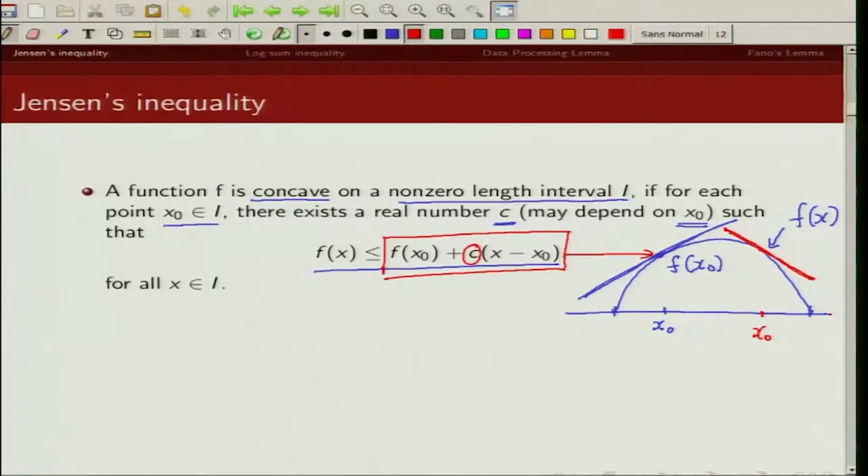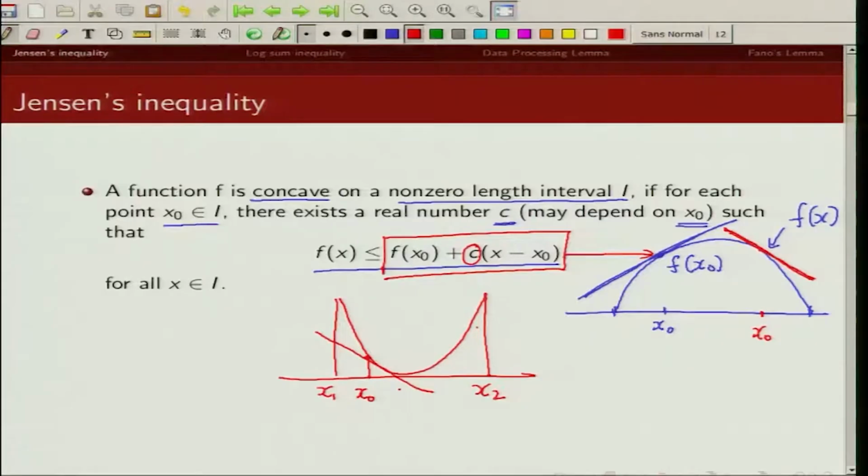Now if the function is convex, then what is going to happen is you will have a function like this. Let us say this is a function defined over this interval x1 to x2, and take any point. Let us just take this point x naught. If I draw a line passing through x naught, then for the function to be convex, f of x should be above this line.